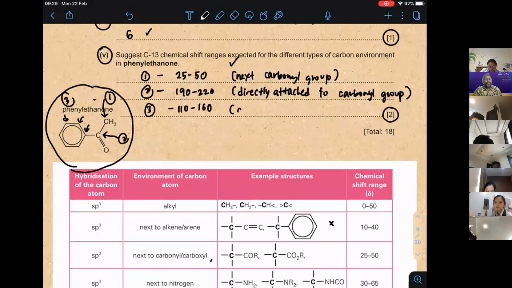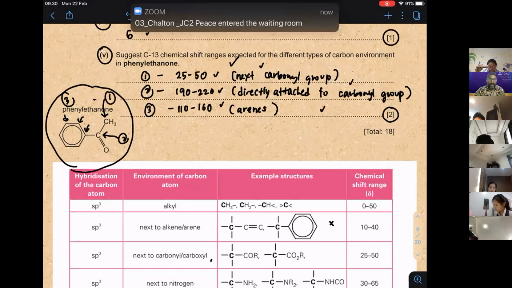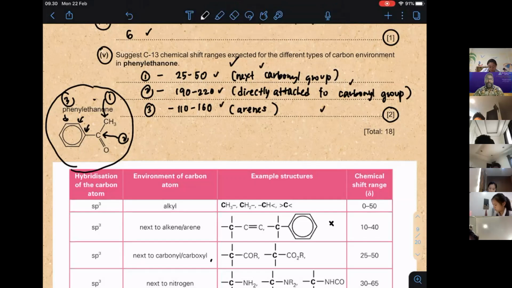So here they say suggest. When they ask you to suggest, please suggest with reason. You cannot simply suggest. So please suggest the range and tell what is the reason. When they say chemical shift ranges for different types, if possible, they didn't say all, but if they say something like this, at least 2 ranges must be given.